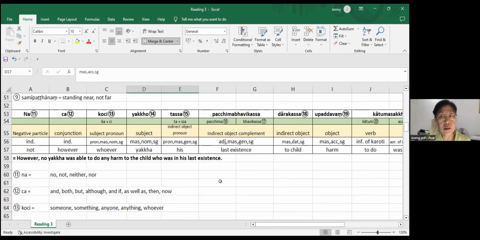So the subject in this sentence is one subject, the yako. There are two verbs here at the end, patum and asaki. One is the infinitive and the other is a past tense.